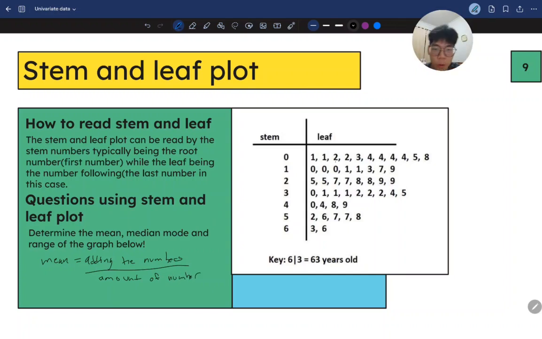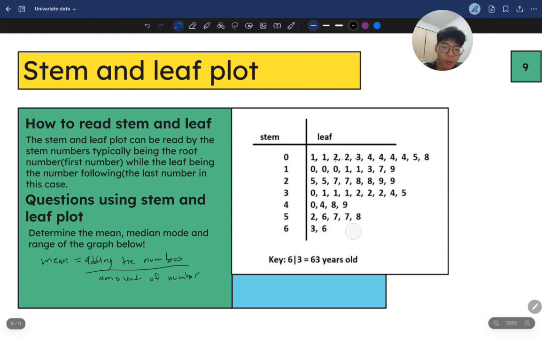The median would be counting all of the numbers, plus 1, divided by 2, and find the place. If it's 17 places, we count 1, 2, 3, 4, 5, 6, 7, 8, 9, maybe 9. And then we write that one. Lastly, the range, we do 66, which is the highest, and 01, which is 1, minus them. It's 65. That's how we solve it.